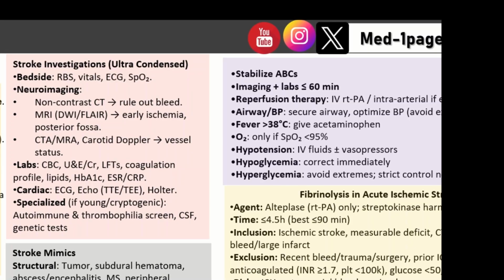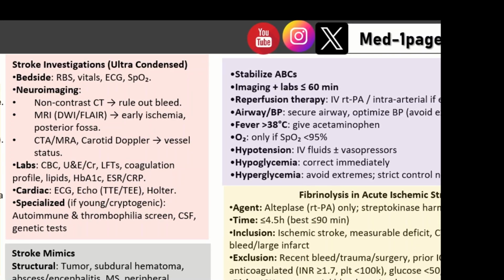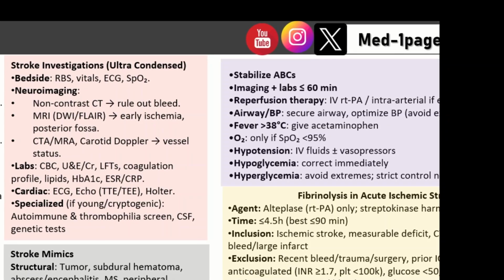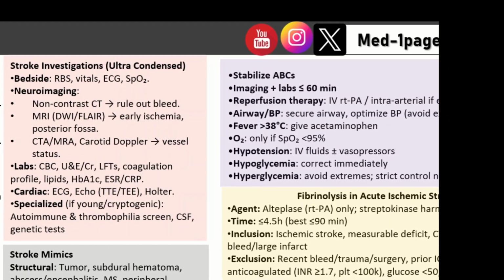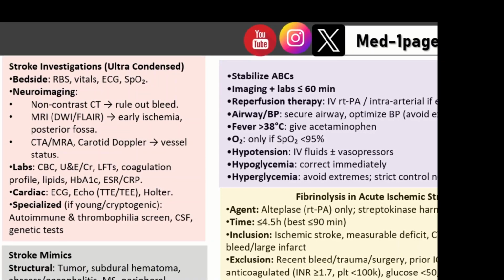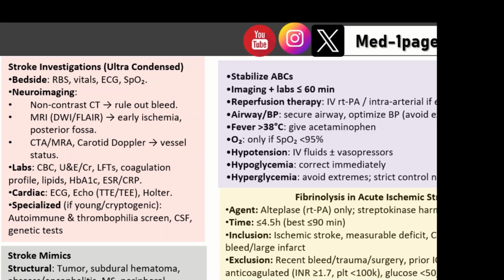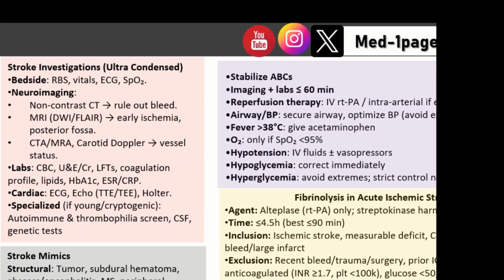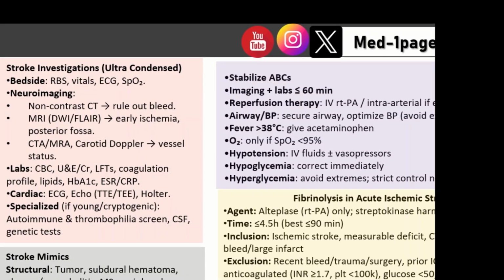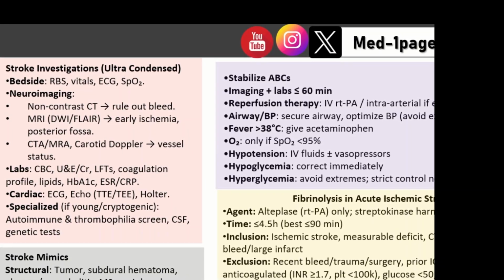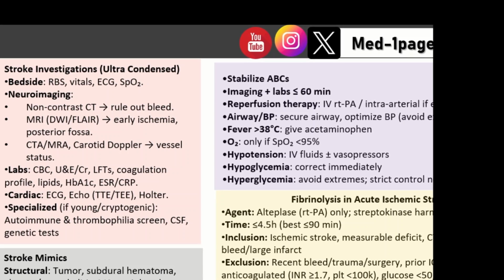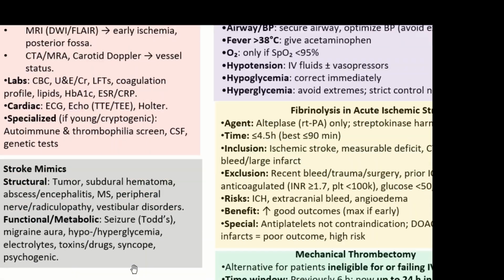Then we have the cardiac tests like ECG and echo, because many strokes are going to be cardioembolic in origin, and this is mostly going to occur when you have things like atrial fibrillation that is proembolic. Then we have specialized tests like autoimmune tests. We may do thrombophilia screening, CSF, because if the blood is thick, it's also going to be easily thrombotic.